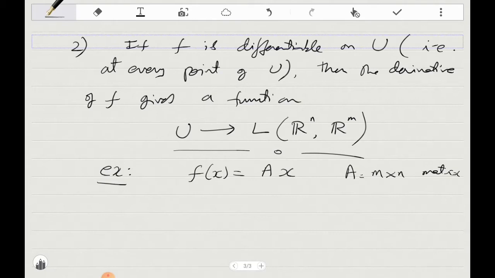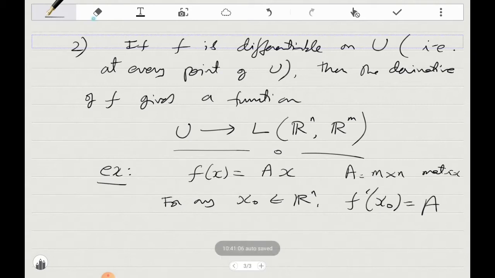For any x naught in Rn, f prime x naught is just the matrix A. Well, to be more precise, f prime x naught acting on v is Av.